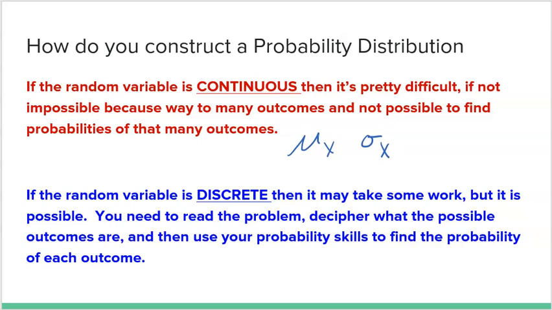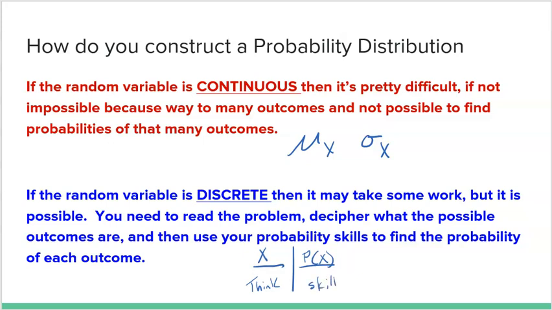However, if the random variable is discrete, then it is possible to make a probability distribution, but it's going to take some work. First, you have to decipher all of the different outcomes. You have to use your brain and think about all the different possible outcomes there could be for whatever x is. And then you have to use your probability skills to find the probability of each of those outcomes.